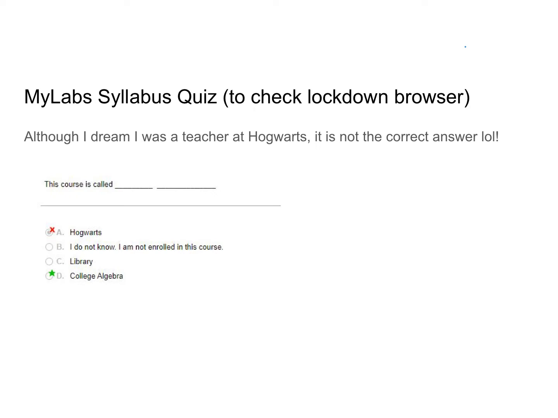So if you missed this, I gave you your point back because I thought that was really funny. But it says the course is called, and make sure you choose college algebra, everybody, please don't choose Hogwarts. So that is just a 1-question syllabus quiz to make sure that you have that lockdown browser for when you take your test. Okay, I had to share that because I thought that was too funny.